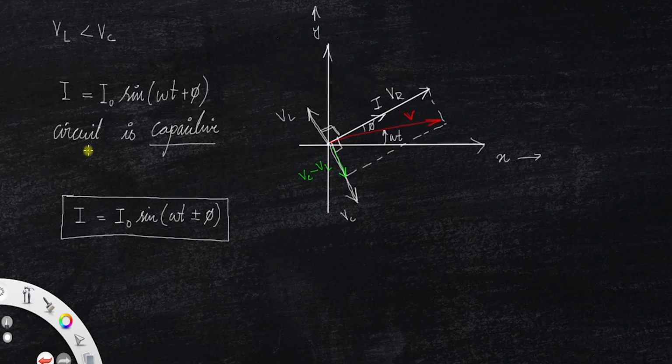Now, in the diagram before, we have, when VL greater than VC, this is equal to phi. Let me draw that again, a rough figure.